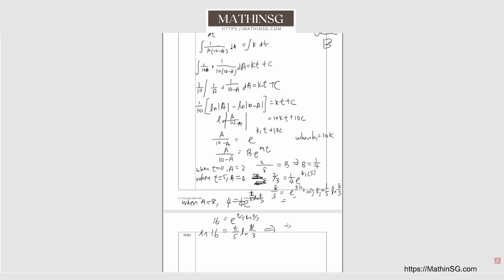So t is essentially equal to ln 16 divided by 1/5 ln 8 over 3. Then you just need to type this 16, not 6, sorry. So then you just need to type everything into the calculator, and you will get a value of 14.13 when rounded off to 2 dp.